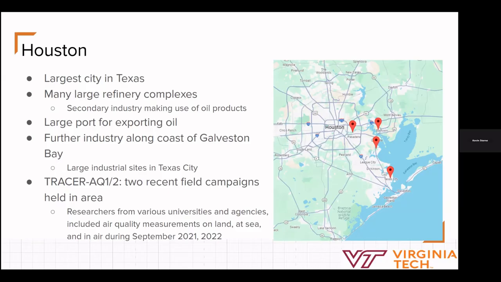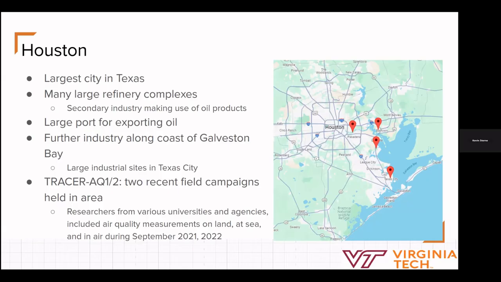Many of these major sources include large petrochemical refineries in Baytown, which are responsible for refining oil not just in Houston, but throughout most of the oil that is extracted in the Great Plains region. And stretching between Baytown and Pasadena, both along the Houston Ship Channel and the Buffalo Bayou, are numerous very large industrial sites making use of many of these secondary products of this refining process.